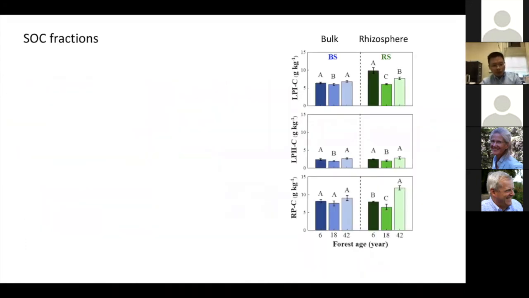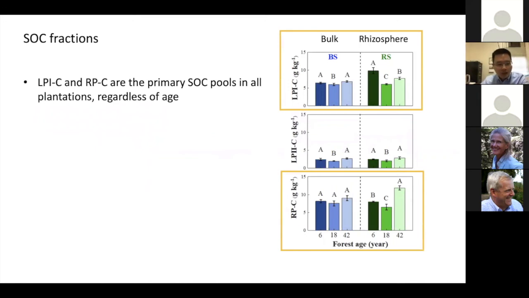In the soil fractions, first I found that labile carbon pool 1 and the recalcitrant carbon are the primary SOC pools in all plantations.